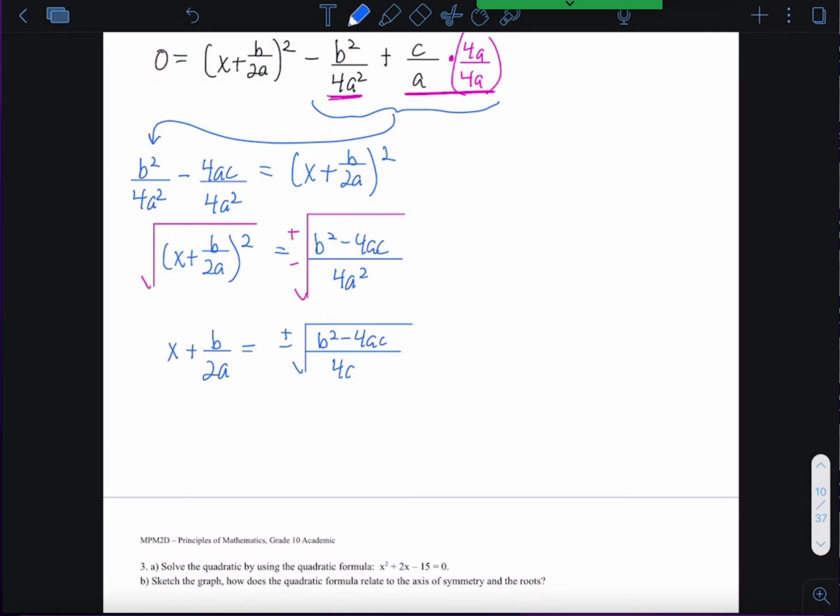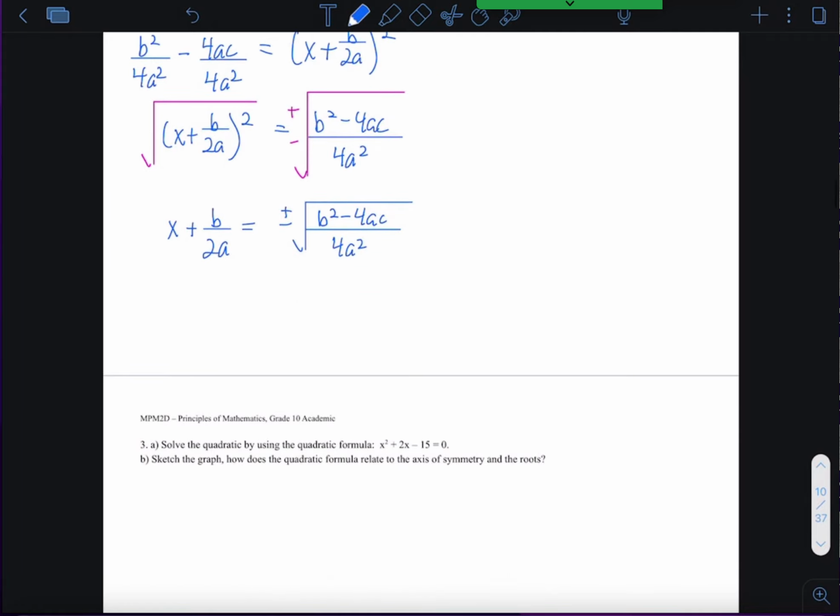over 4a squared. Now to get x by itself, I'm going to bring the b over 2a term to the other side. I'm going to do something here that makes it look a little nicer. I am going to take the square root separately of the numerator and denominator, and I know that the square root of 4a squared is going to be 2a.